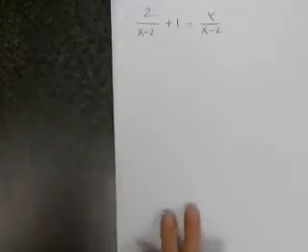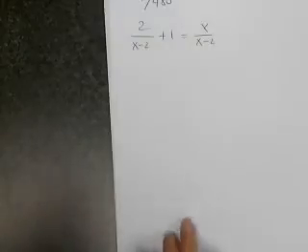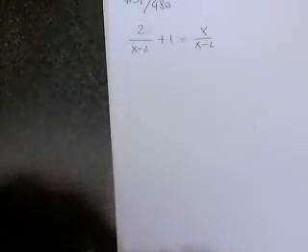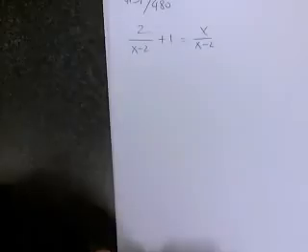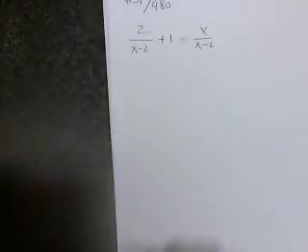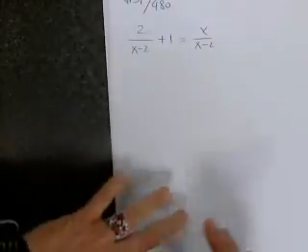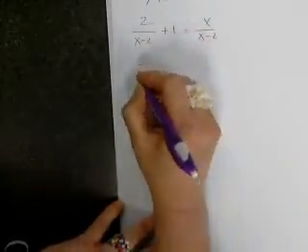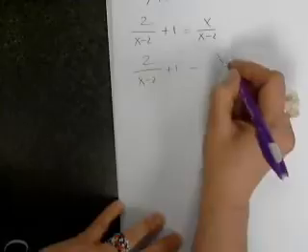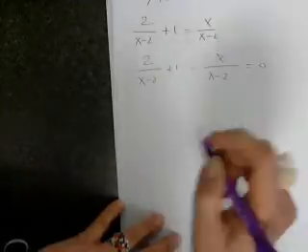Yes, I recommend taking everything to one side. However, there is an easier way, but I think this is a good method. Just an easier way just for this problem.